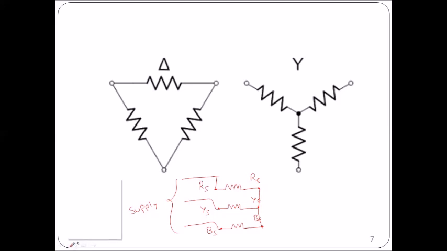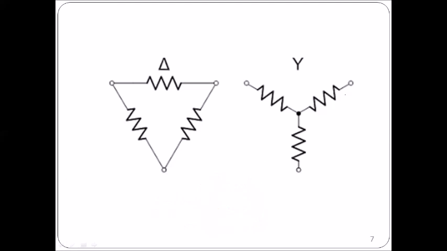Now, what exactly I am explaining here is, see, this is RS, this is RE, this is YS, this is YE, and this terminal BS and BE. So you see that in the case of star connection, all these endpoints are shorted, they are connected together.